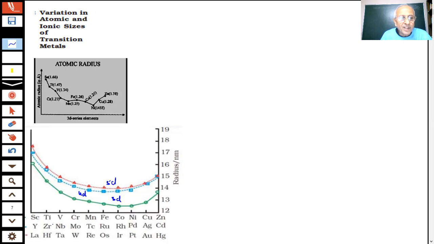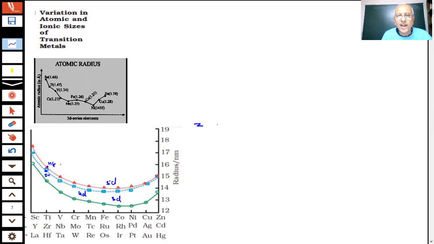Zirconium belongs to the 4d series, and hafnium to the 5d series. You can see that they have almost the same size. Therefore, what is the consequence of that? Lanthanoid contraction, poor screening effect of 4f orbitals. All right, what question was asked, student?